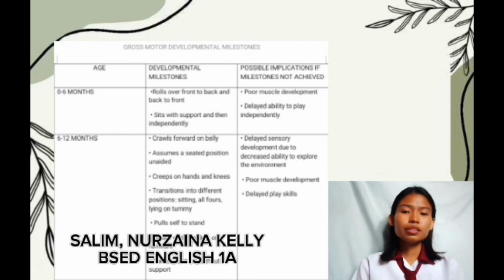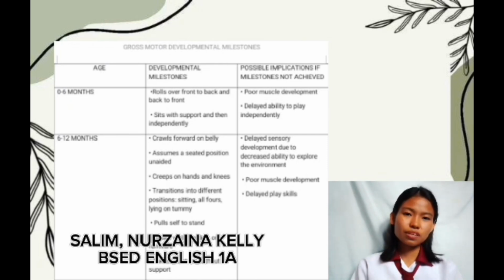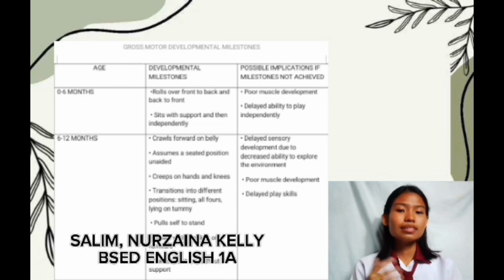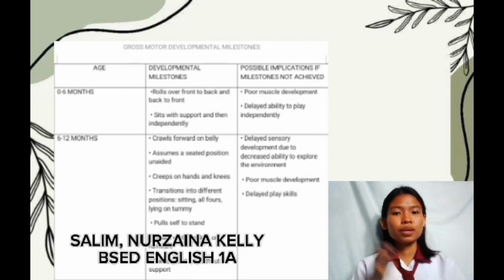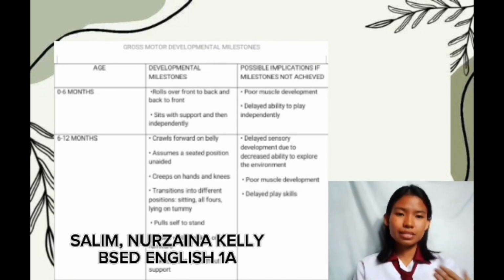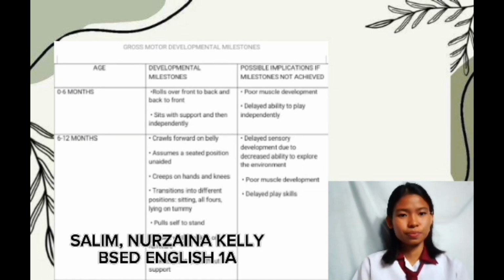Furthermore, the third column lists potential implications if a child doesn't reach the said milestones, such as delayed play skills, poor muscle development, or difficulties in interacting with their environment. Essentially, it is a guide to identify potential developmental delays in gross motor skills.